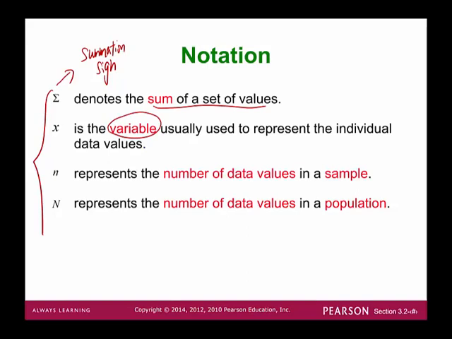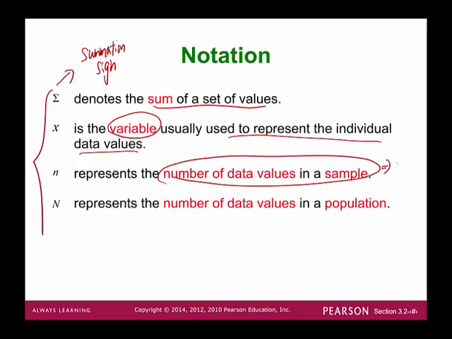Okay, so it's a variable used to represent the individual data values. Lowercase n is the sample size. We call this sample size, representing the number of data values in the sample. And the capital letter N represents the number of data values in the population. You can also call that population size.